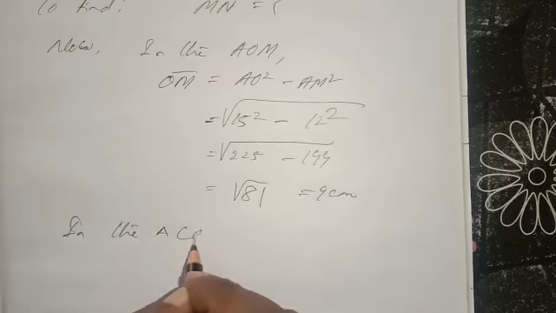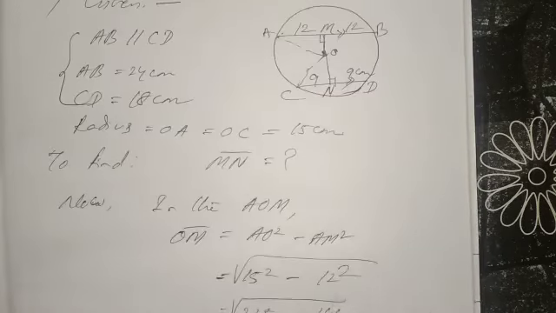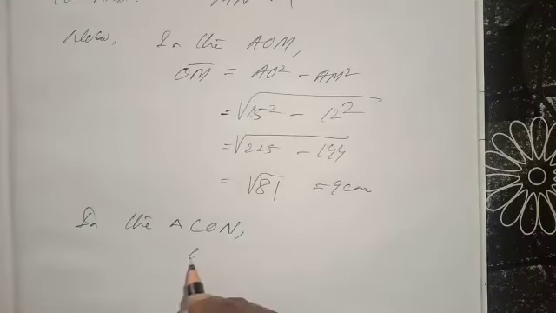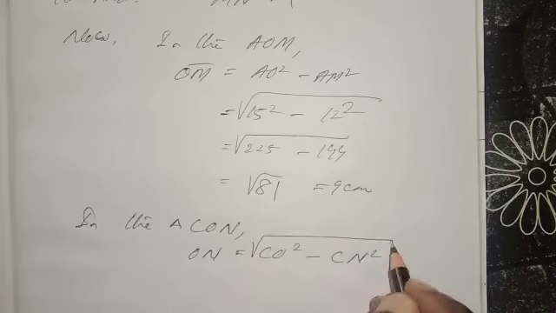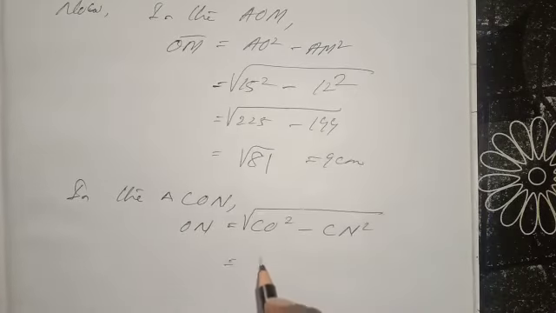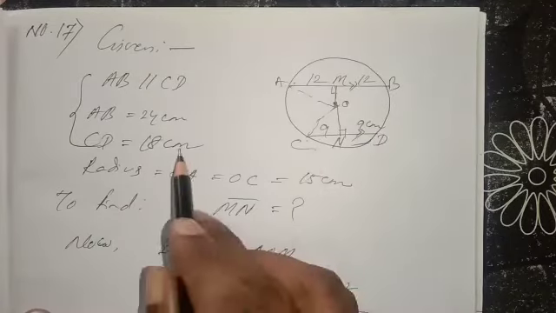Now, in the triangle CON, here you have to find out ON. ON is equal to CO square minus CN square, root over, by using Pythagoras theorem. CO is radius, that is given 15 square, minus CN, that is half of CD. CD is 18, that means 18 half is 9.